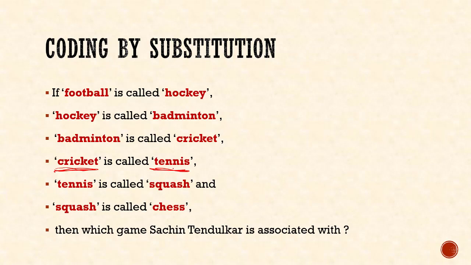So here my answer should be tennis, not cricket. You don't have to get confused by this. Look at what the usual answer is going to be, and what that usual answer has been named in this particular language. So these are very common sense driven kind of questions.